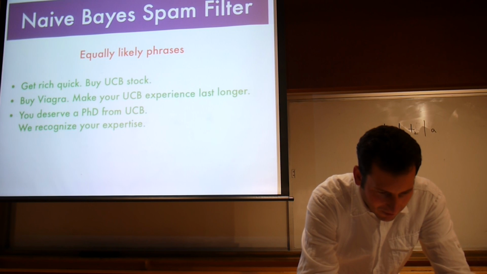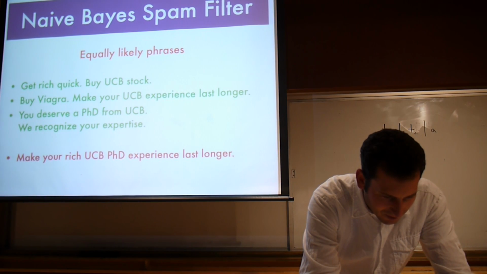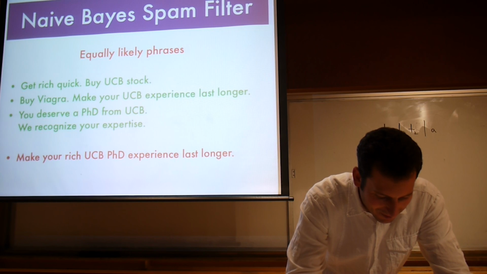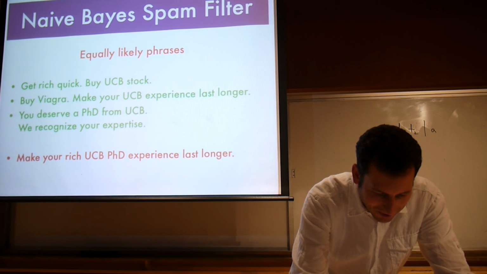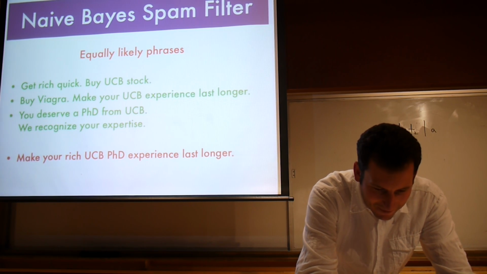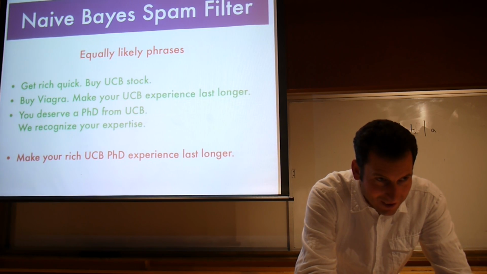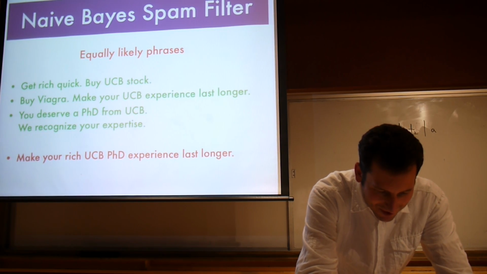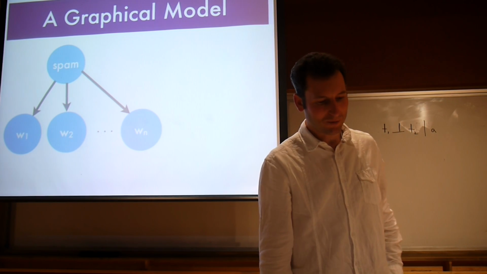You can get a few of those phrases. And, well, this one unfortunately is just as likely, which tells you that maybe the Naive Bayes filter is a little bit too naive. Nonetheless, it's quite popular and it's a good baseline, and the algorithm better beat it, otherwise it's not a good algorithm.